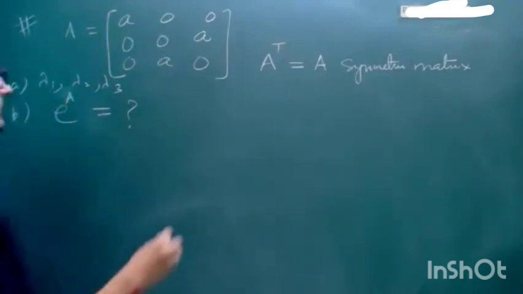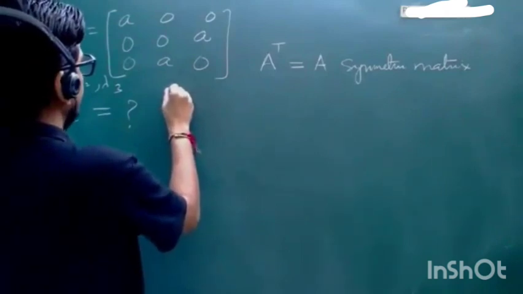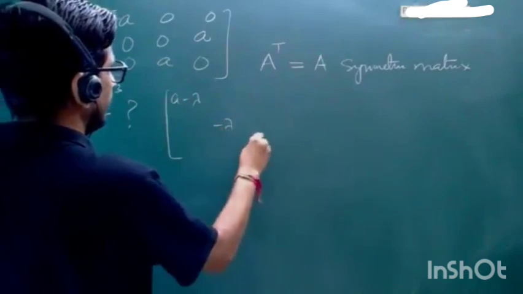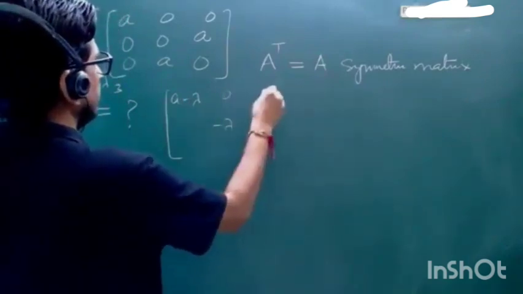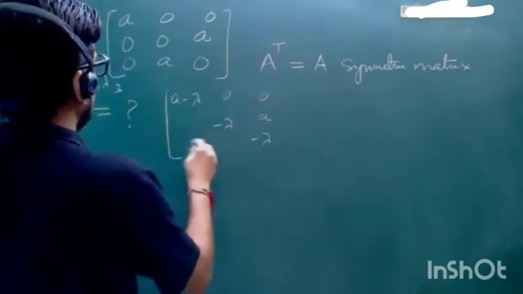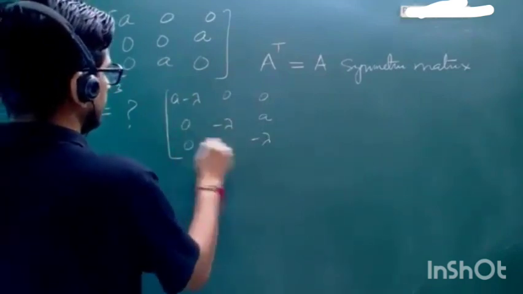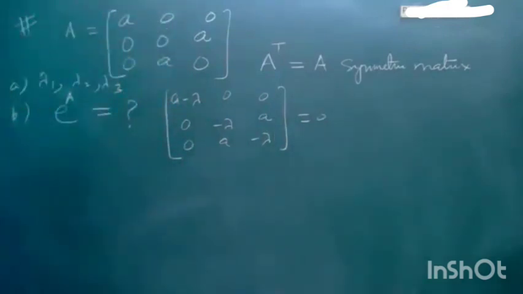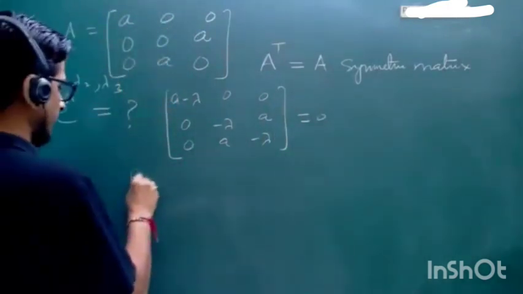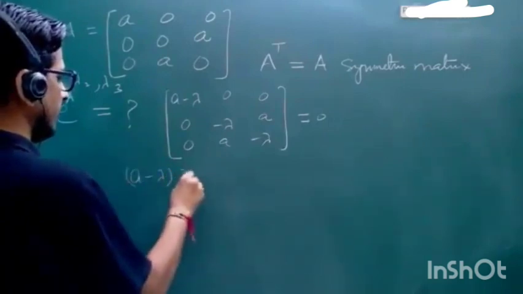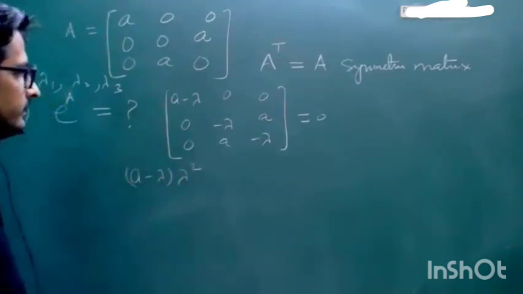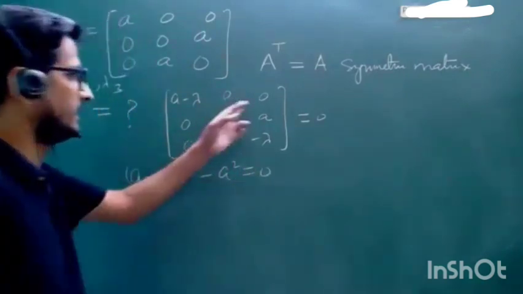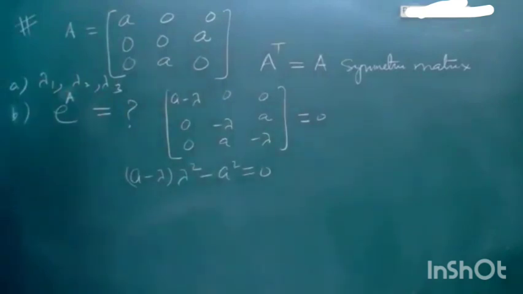That will be a minus lambda, minus lambda, minus lambda, 0 0 a 0 0 a. We put the determinant equal to 0. So what I will get is a minus lambda times lambda square minus a square equal to 0, because these terms will not contribute, correct?